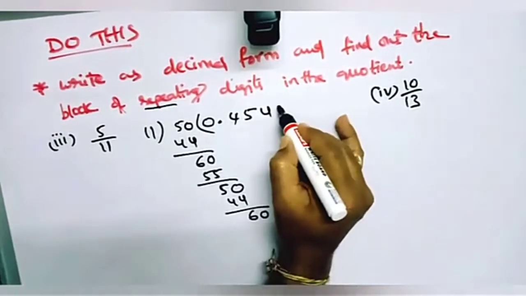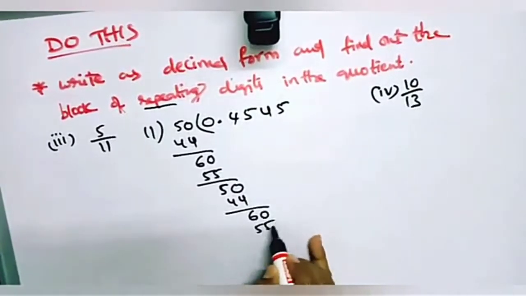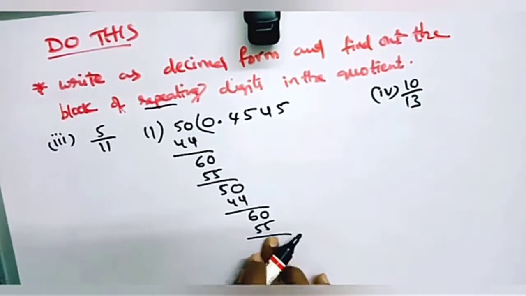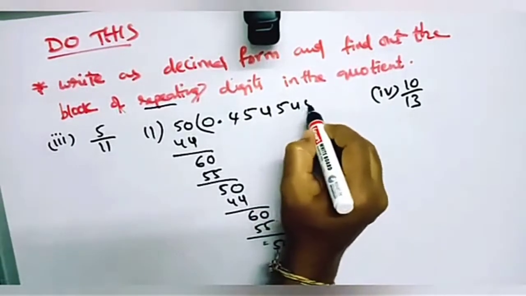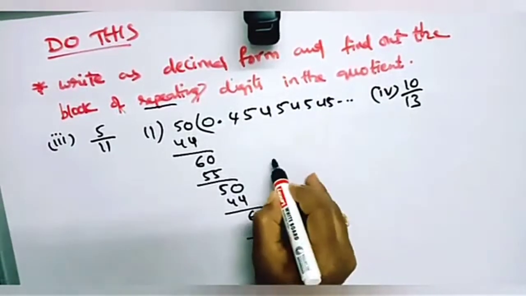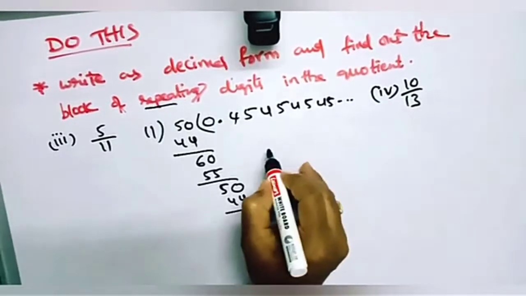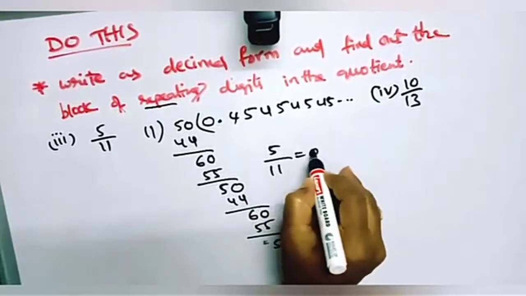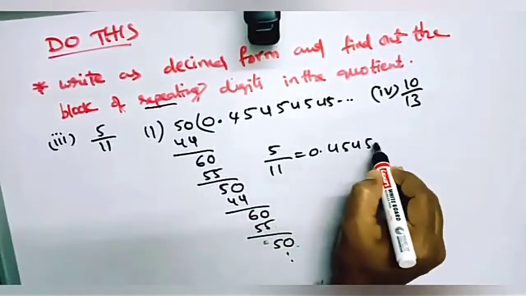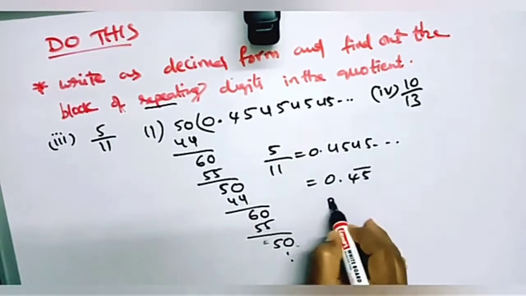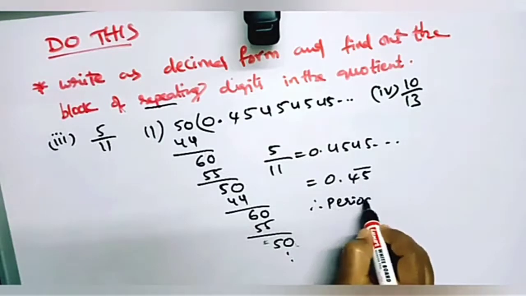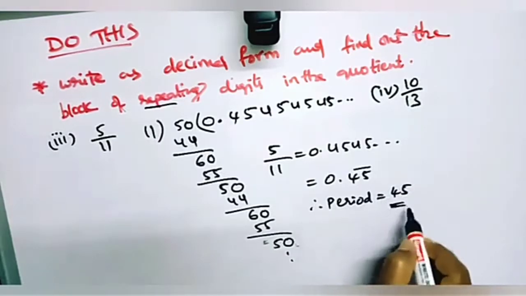Next 11 times 5 is 55, 60 minus 55 is 5, then 0. This will repeat continuously, I mean 4, 5, 4, 5 repeating. So you should write 5 by 11 as 0.4545 and so on, that is 0.45 with a bar. Therefore the period, the block of digits, is 4, 5.